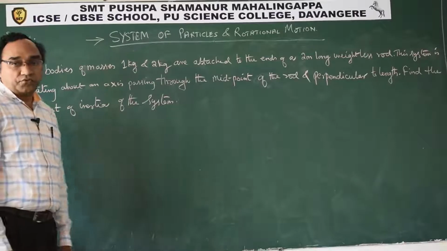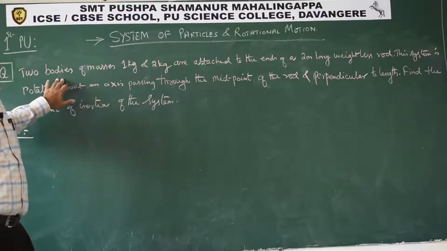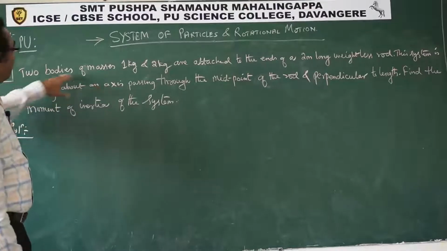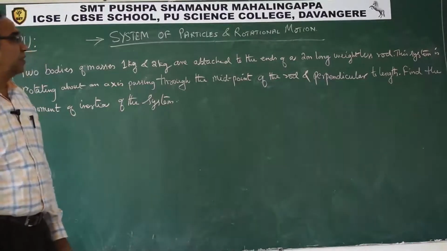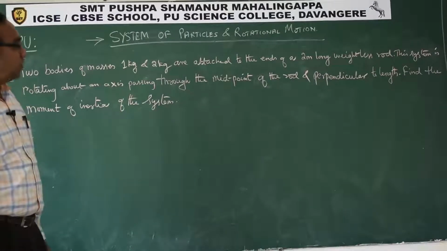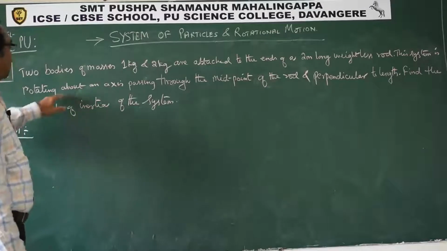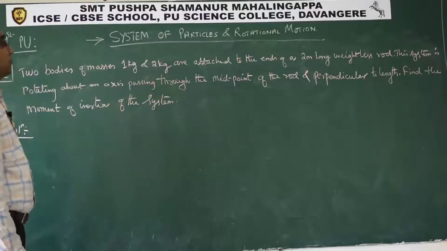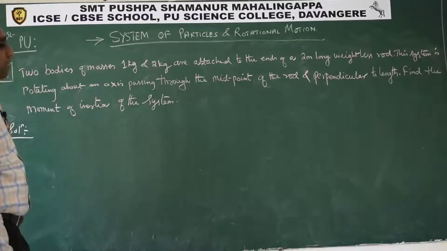Let us take one more question. This question will help you understand how to use the sigma notation. Two bodies of masses 1 kg and 2 kg are attached to the ends of a 2 meter long weightless rod. This system is rotating about an axis passing through the midpoint of the rod and perpendicular to length.